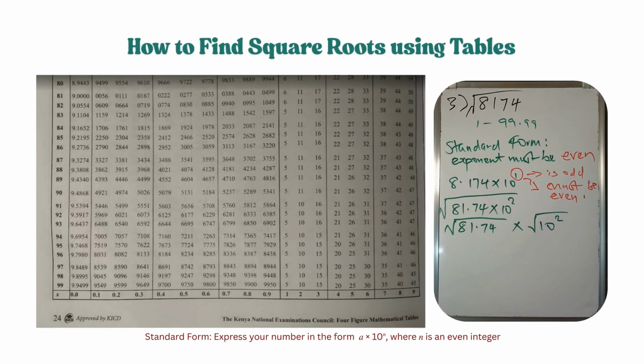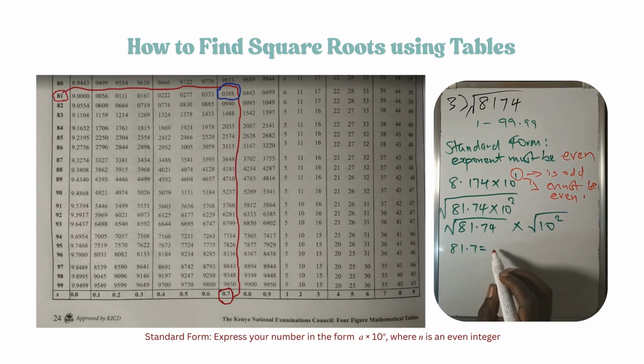Column X, we have 81. We move horizontally to column 7, so that we have 81.7. 81.7 is giving us 9.0388.